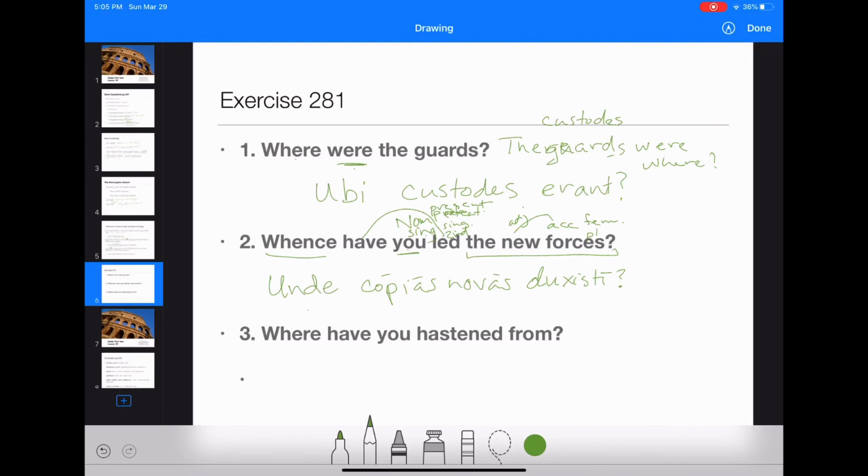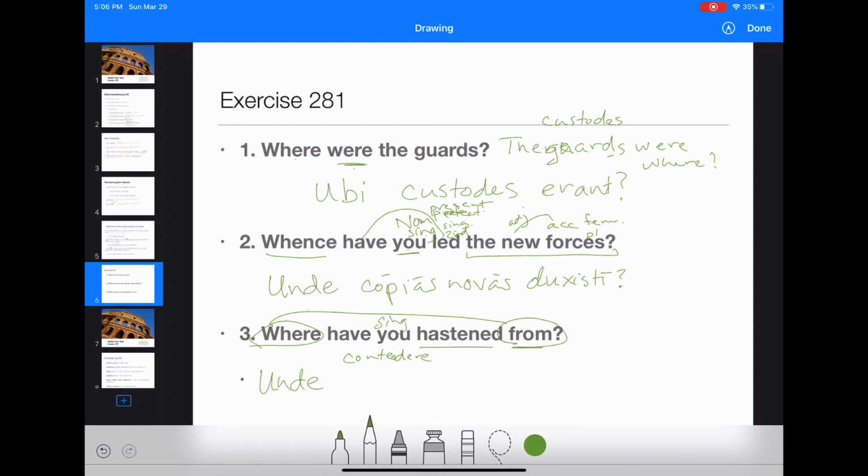Now, this third sentence, where have you hastened from? You notice we have where and from. So we know we're going to use undi again. Have you hastened? If we look up hastened, we're going to use the verb contendere. And maybe we can use the singular again.